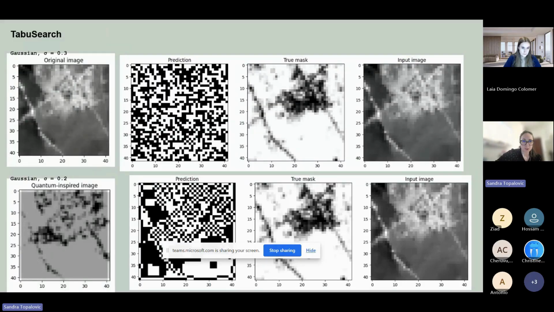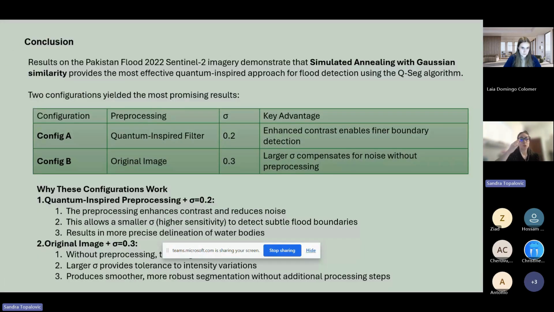I also ran tabu search, and basically on both of them, picking up these two best cases from simulated annealing, I did not really get anything meaningful. So the conclusion, based on these results with the Pakistan flood from 2022, is that simulated annealing with Gaussian similarity provided the most effective segmentation.